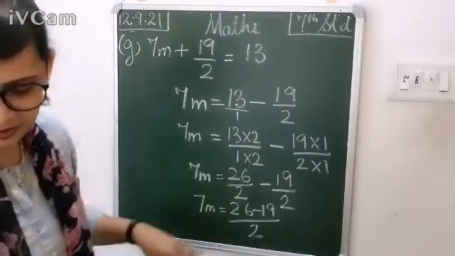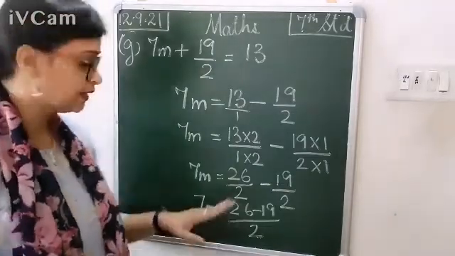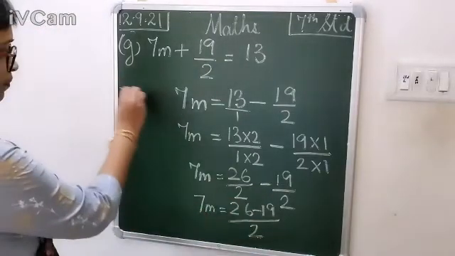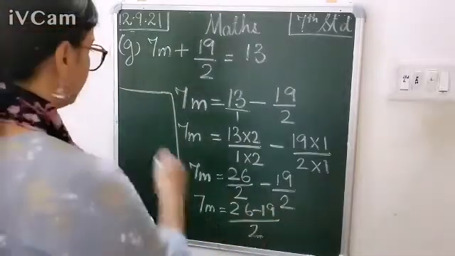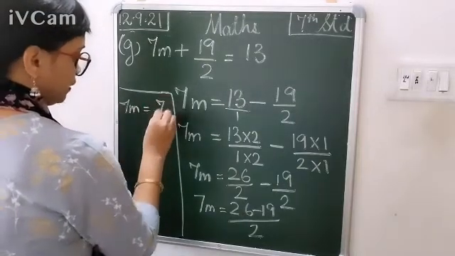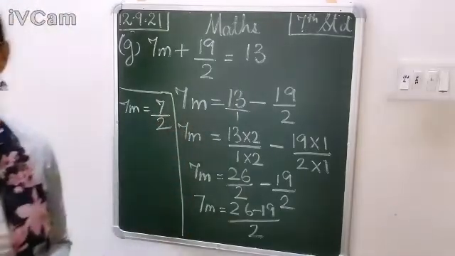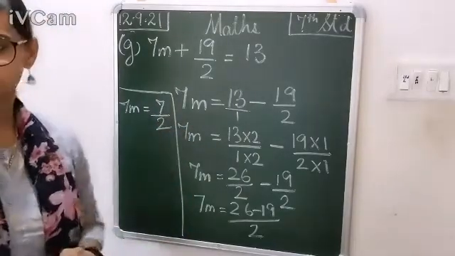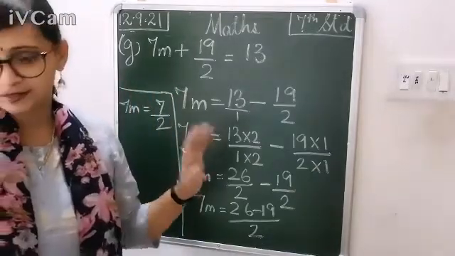Now, so here when you subtract 26 minus 19, how much is it? 26 minus 19 is 7. Okay, 7 divided by 2. Hope all of you have understood this.